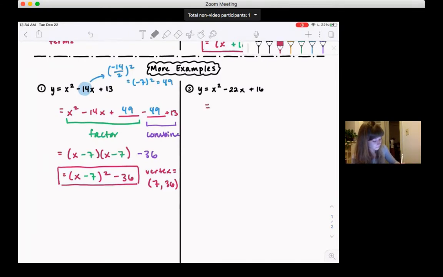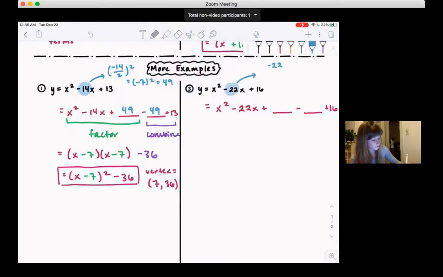Okay. x squared minus 22x. We open the space where we add a number. We also subtract that number, and then we have plus 16 at the end. All right. So now we just need to figure out what number we add, and we figure that out by doing our middle number divided by 2 squared.